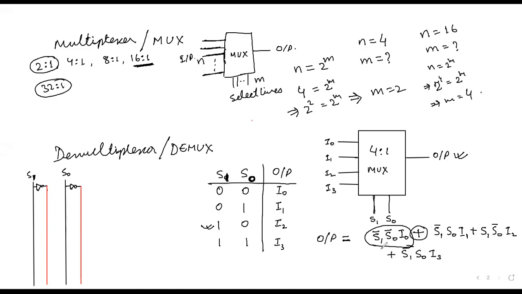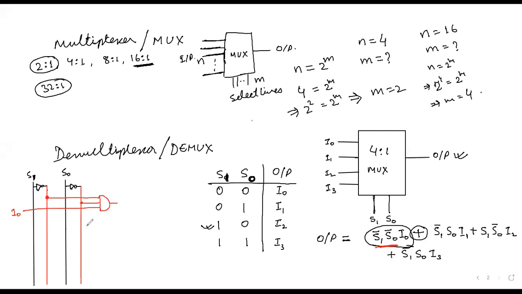For the first combination, we have S1 bar, S0 bar. So from where we can take S1 bar and S0 bar, and the third input is for I0. And we can take an AND gate.